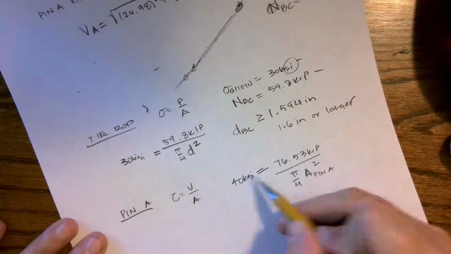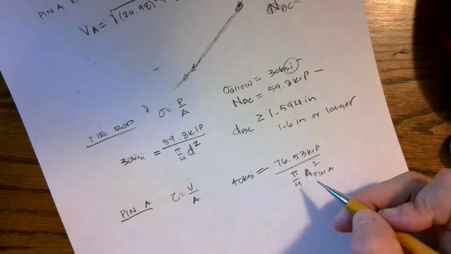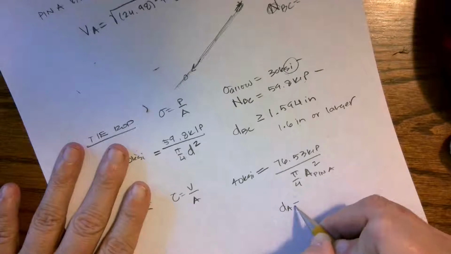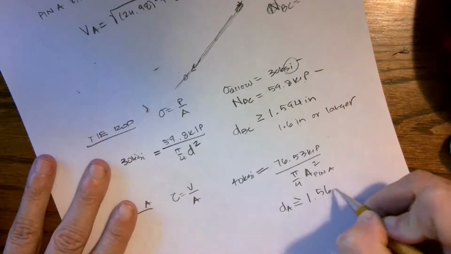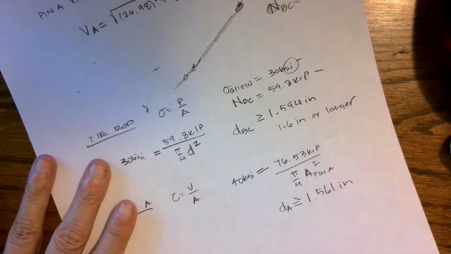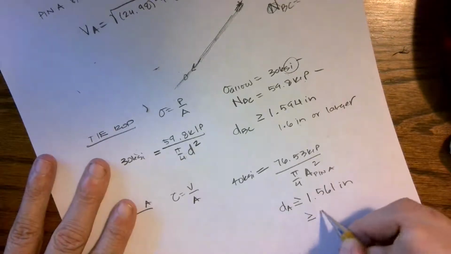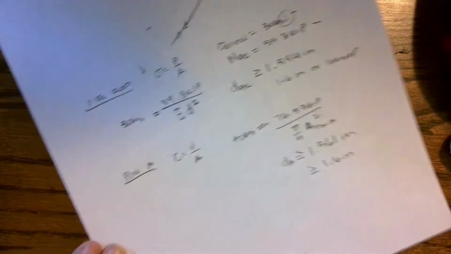And if I cross multiply, divide, take the square root, then I will find that the diameter of A has to be greater than or equal to 1.561 inches. So if I were looking to the closest tenth of an inch, it would be greater than or equal to 1.6 inches. Okay, I'm not going to go smaller in that area.